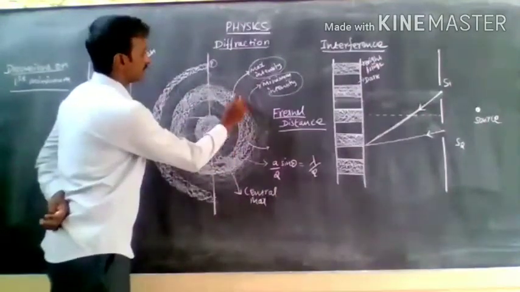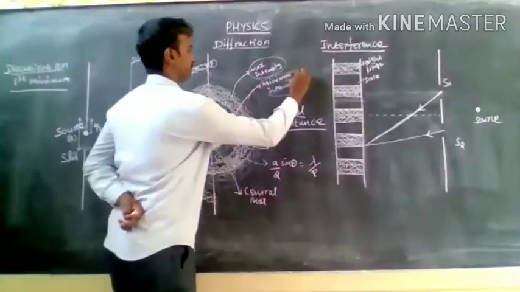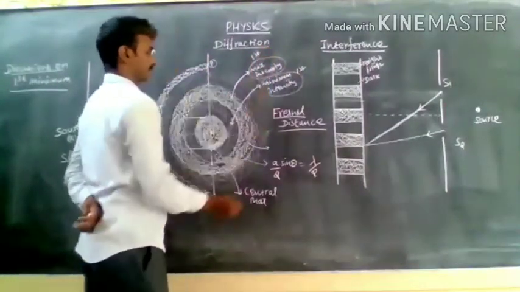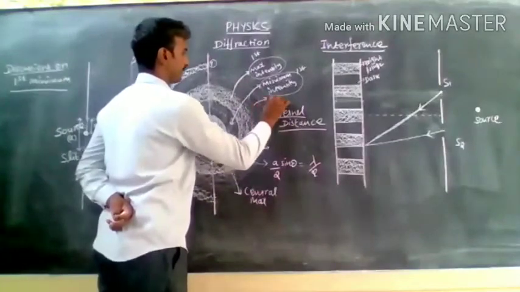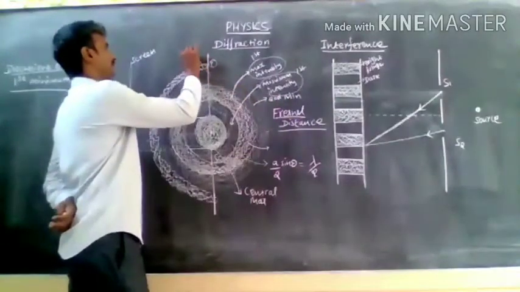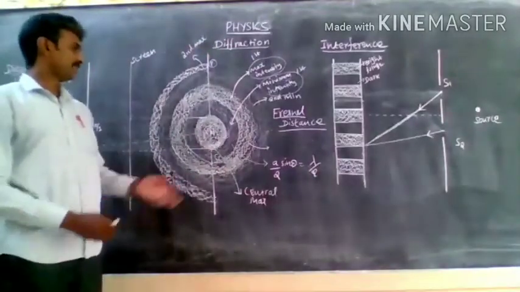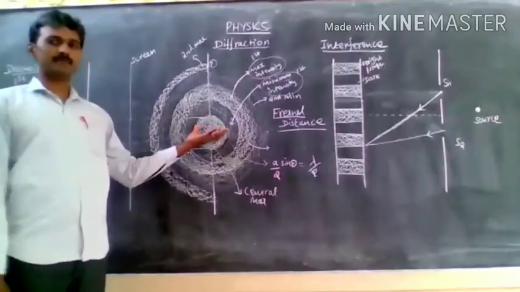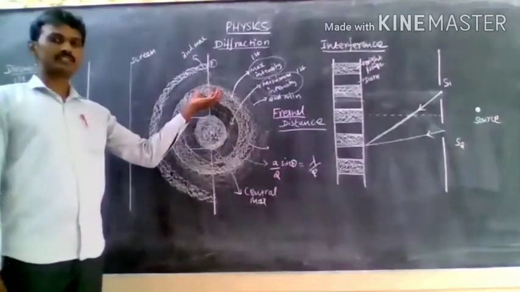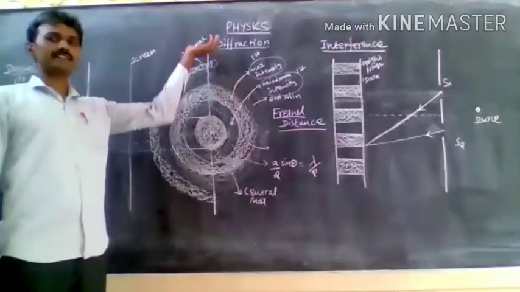Next is the first minimum, then the first maximum, and finally the second maximum. So the diffraction pattern obtained is like this: first the central maximum, next the first minimum, next the first maximum, next the second minimum, then the second maximum, and so on.